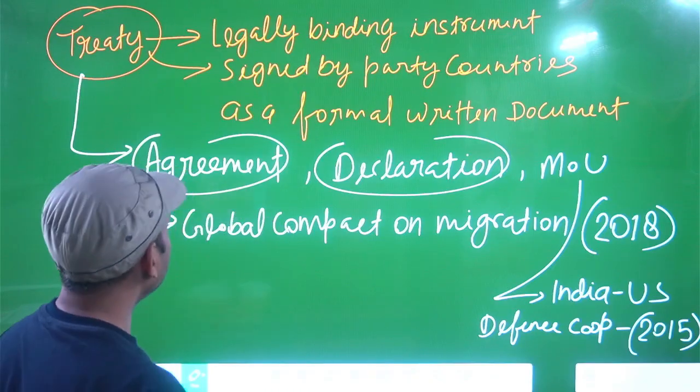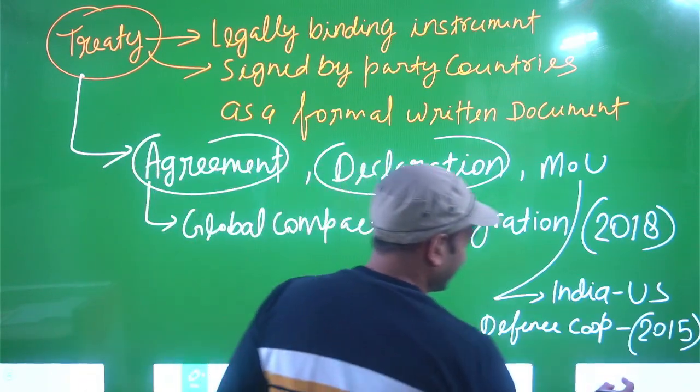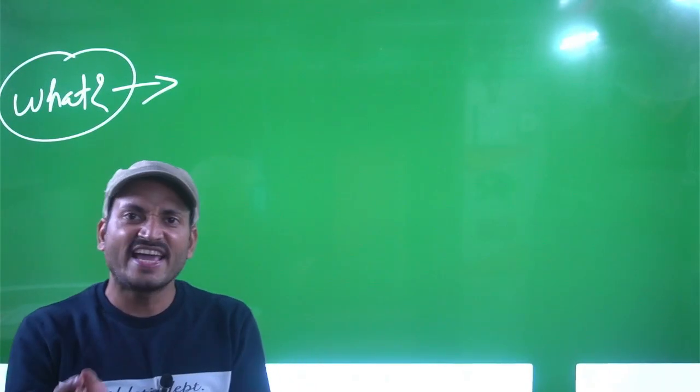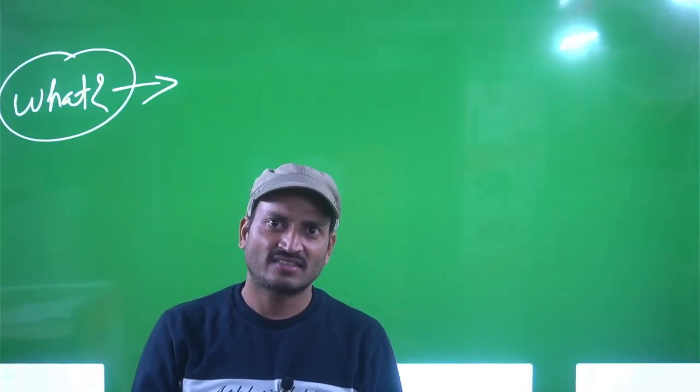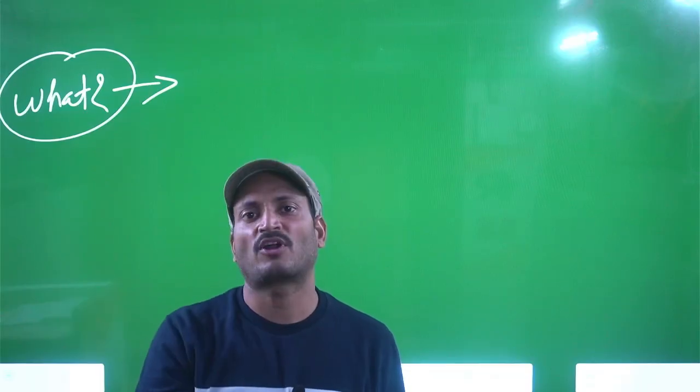Now, the next question arises, what happens if a party country does not follow any of the treaty provisions? What is the provision? What are the instruments that enforce the treaty provisions?